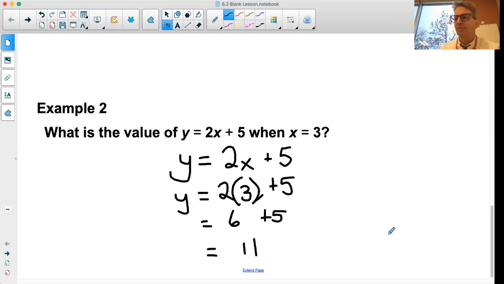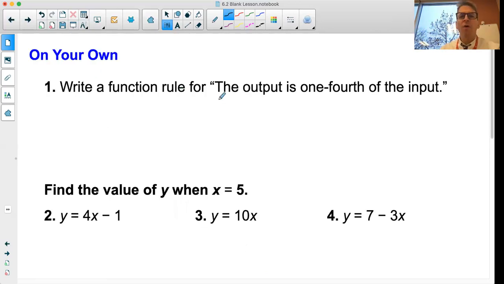Okay, that brings us to on your own, numbers 1 through 4, let's take a look at those right now. Number 1, write a function rule for the output is 1/4 of the input. Okay, so again, the output would be y, is would be equals 1/4 of the input.